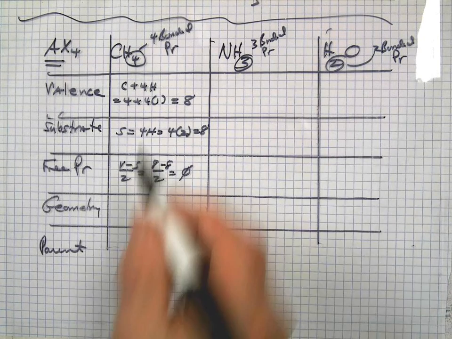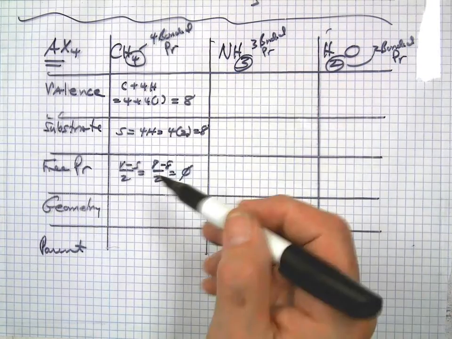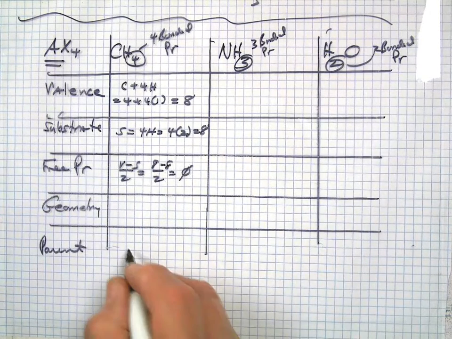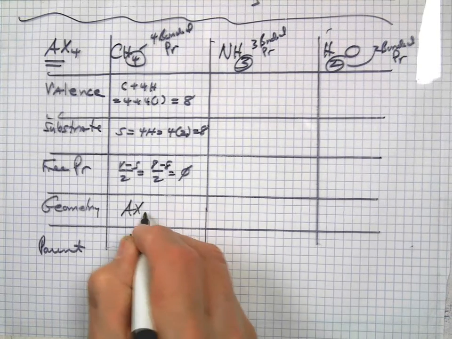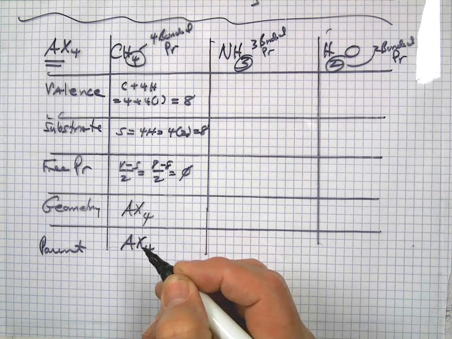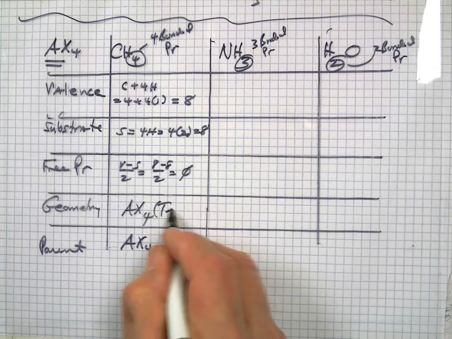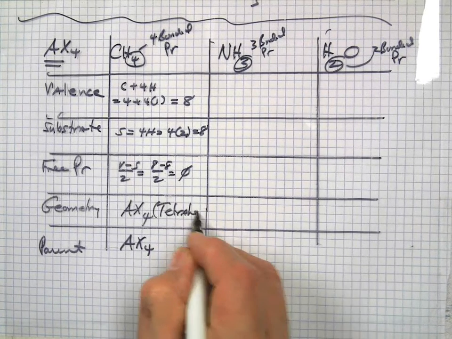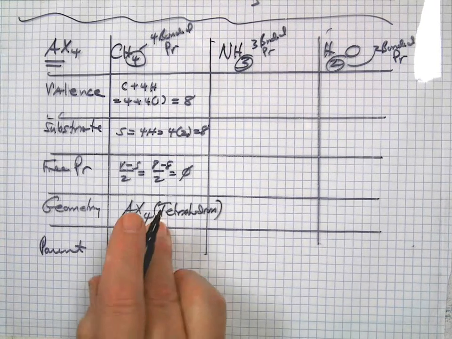So this is a 4 bonded pair and 0 free pair. So the parent is an AX4 and the geometry is an AX4. So we will find that this is a tetrahedral geometry and tetrahedral parent.